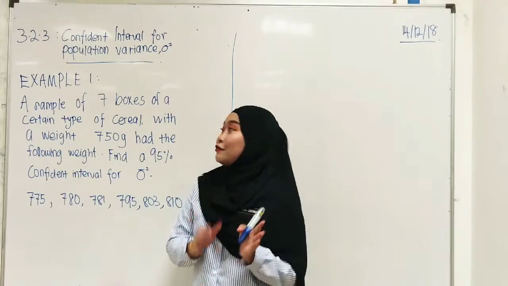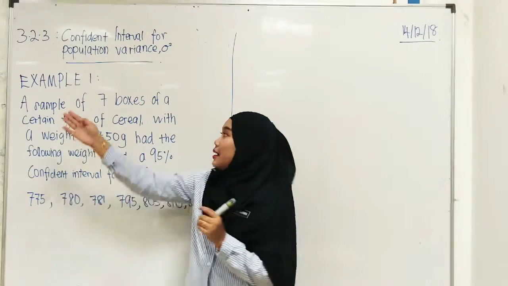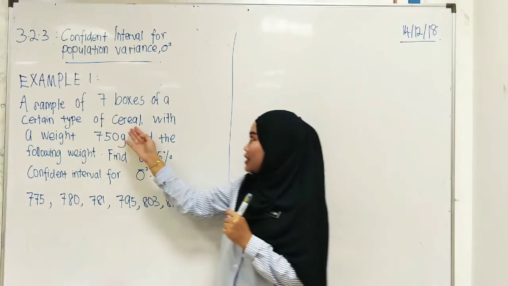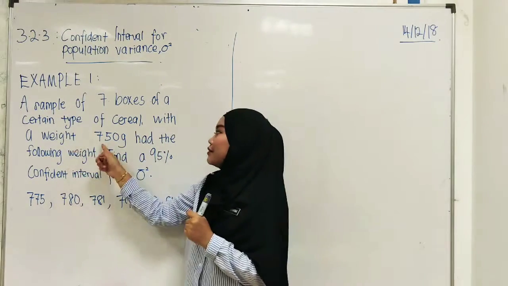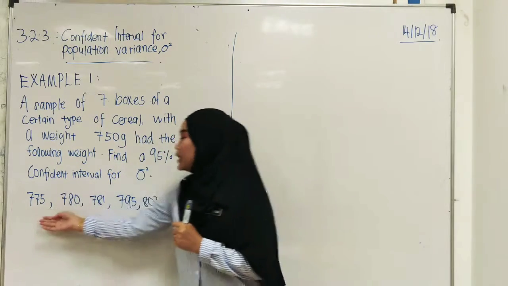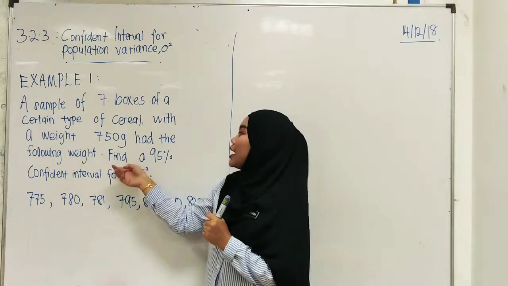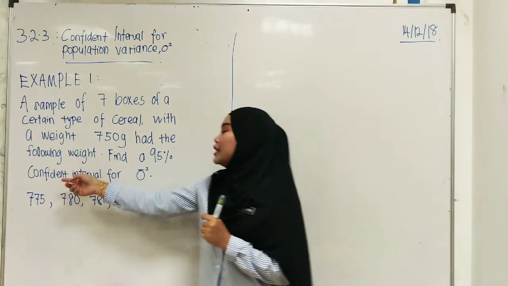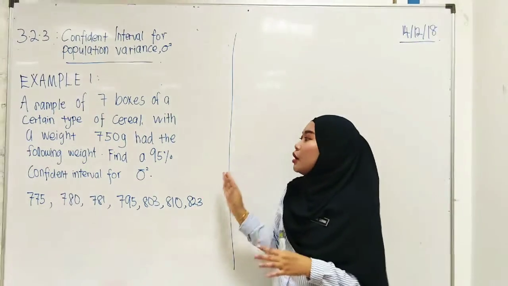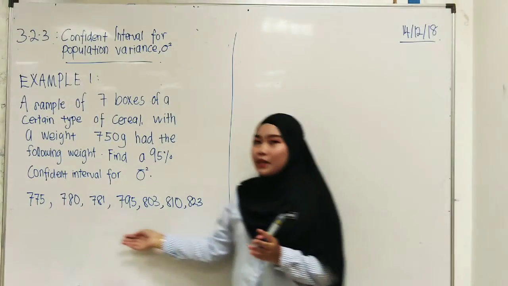So let's get started with example 1. A sample of 7 boxes of a certain type of cereal with a weight of 750 grams had the following weights. So this is the weight. Find a 95% confidence interval for the population variance. In this question, we only have 7 samples.